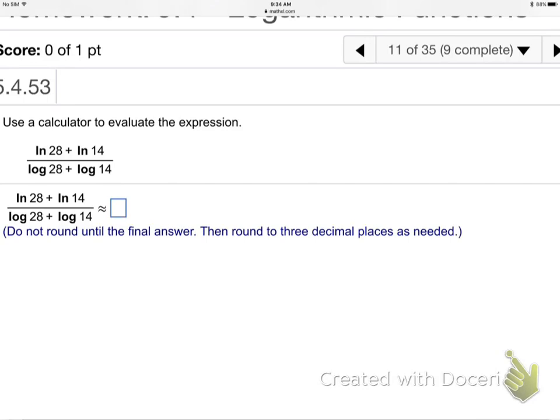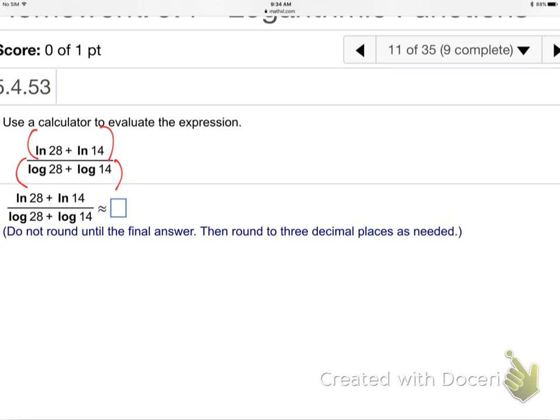Let's look at this. So can you type that into your calculator? It's kind of a little tricky. Well, it depends. If you have the newer, nicer calculators that show the thing like a big old fraction, vertical and everything, then not a big deal. Just type in what you see. But if you have the older kind like I do that puts it all on one flat level, then you have to be a little careful with your parentheses. In particular, you have to put parentheses around the numerator and the denominator.